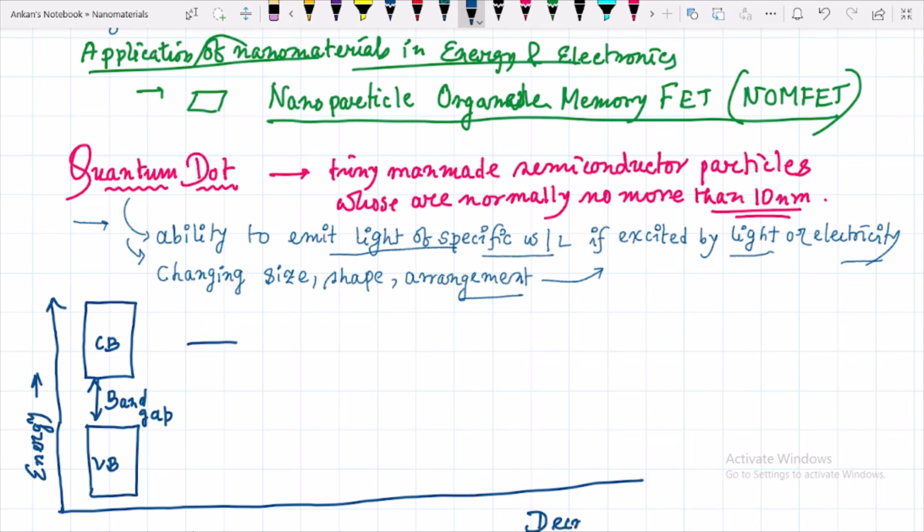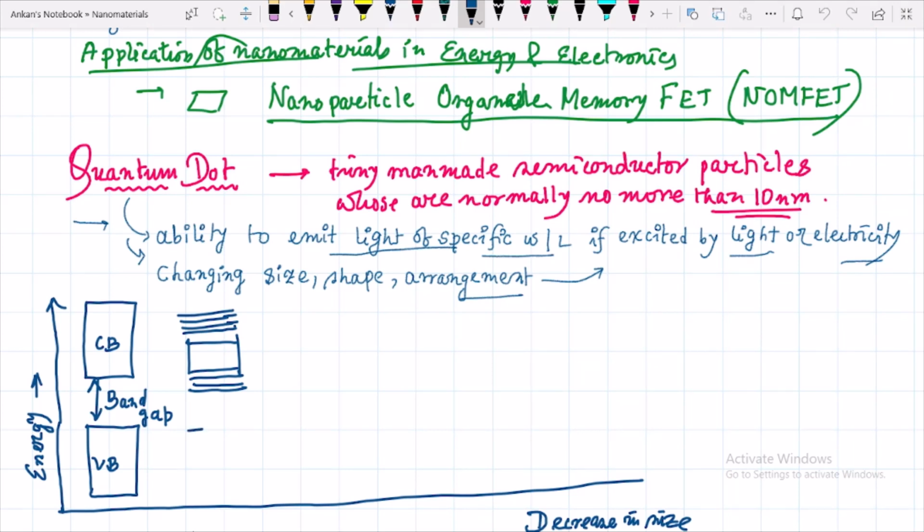Suppose this represents decrease in size. It has been observed experimentally that by decreasing the size, you can easily understand why I am drawing the conduction band as some discrete lines and some region of band, because it is derived from the band theory of solids, which I have already covered in the solid state lectures.